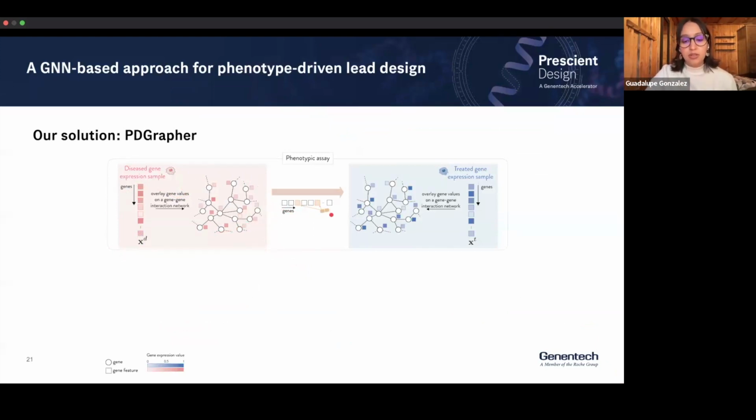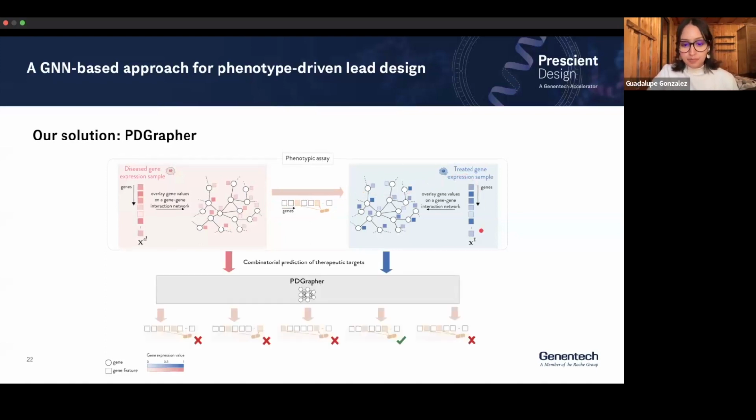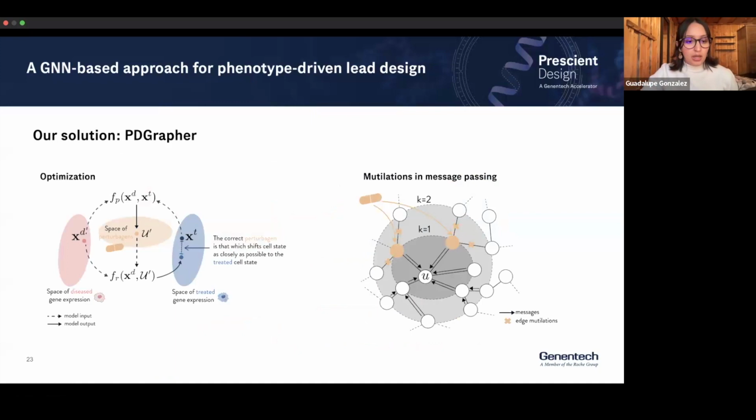We have the specific perturbagen, which shifts the gene expression from disease to treated. And again, this is represented the same way. So what PDGrapher does is it takes the initial disease sample and the final treated sample, and it makes this combinatorial prediction of perturbagens. So it tries to search for the perturbagens in a smart way.